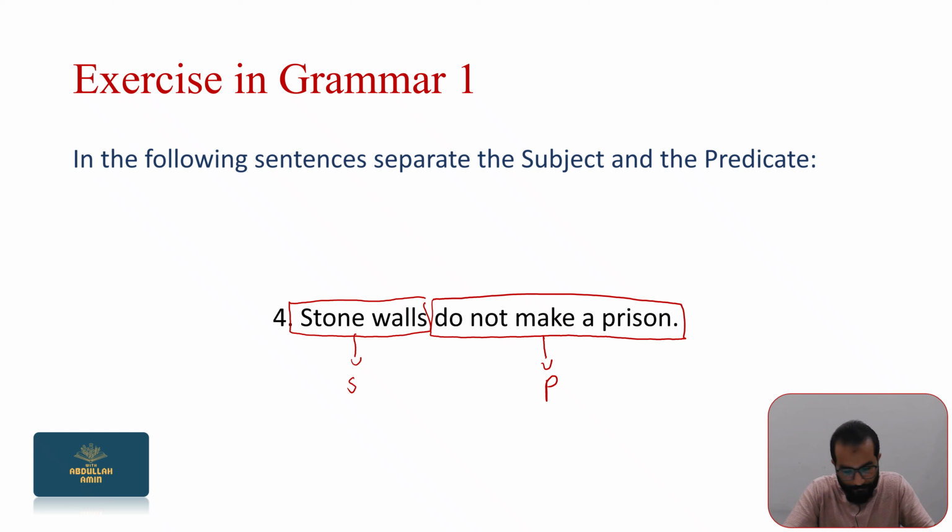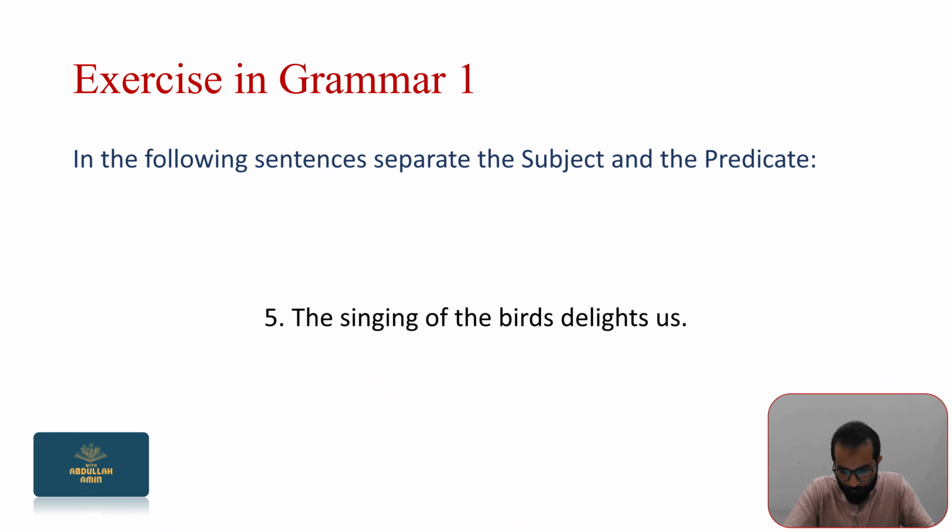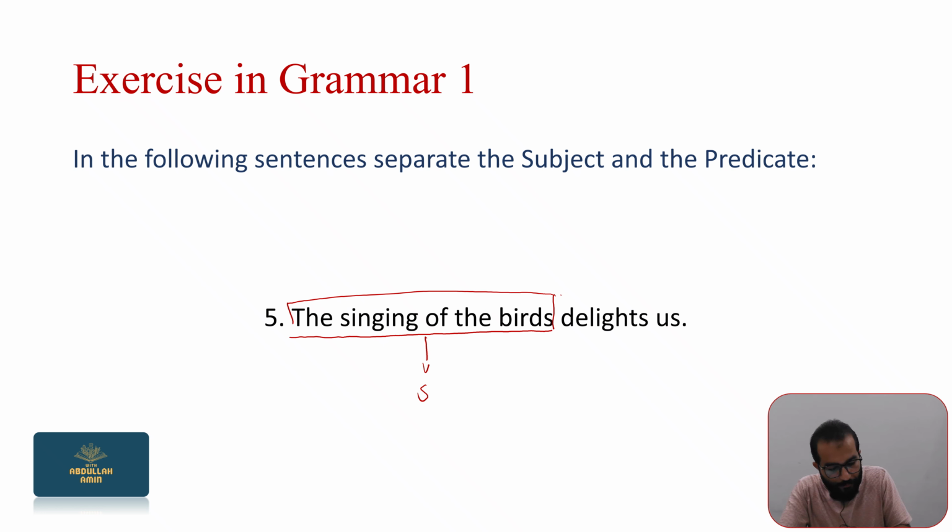I'll explain that there. Let's move to the fifth example, which is: the singing of the birds delights us. Over here, this part, the singing of the birds, this is the subject, and this second part, delights us, is the predicate.